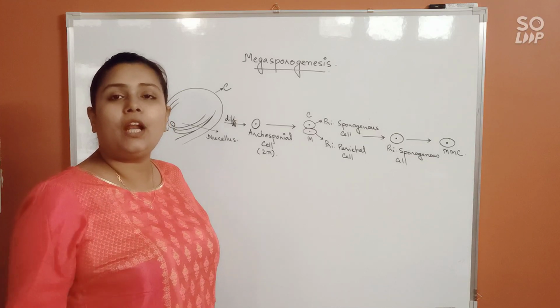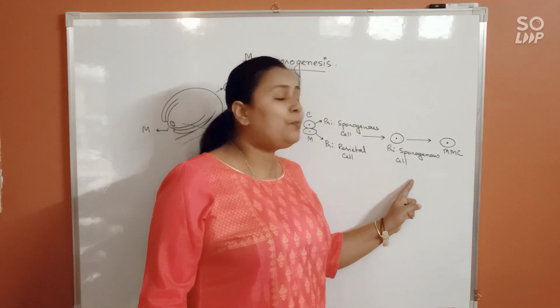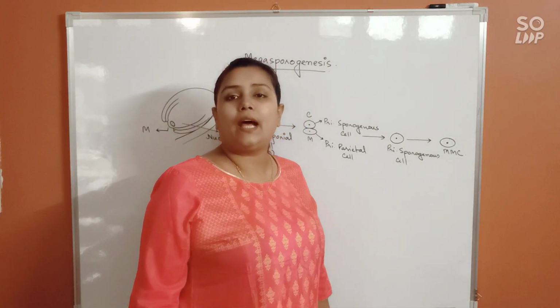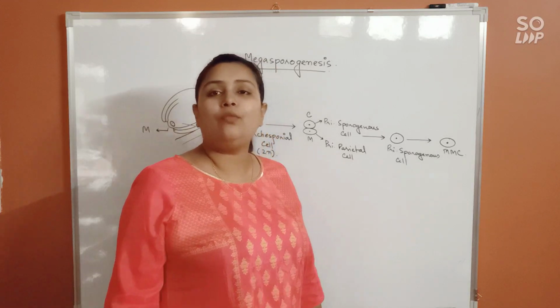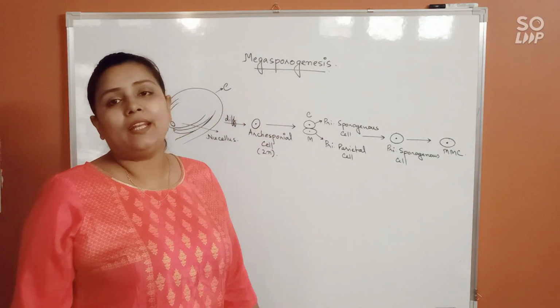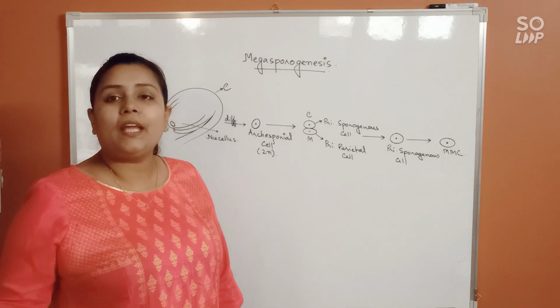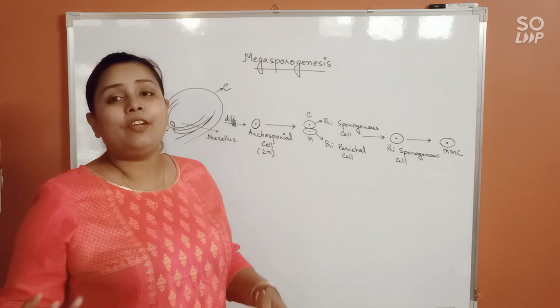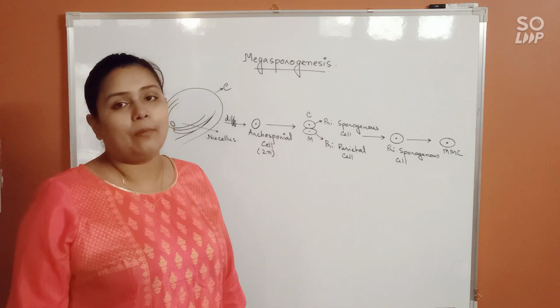The pollen mother cell will undergo meiosis and give rise to pollen grains. Here, the primary sporogenous cell will directly behave as the megaspore mother cell. Now, this megaspore mother cell will undergo meiosis and then give rise to the megaspores. And the megaspore, once formed, will eventually give rise to the whole embryo sac or female gametophyte.